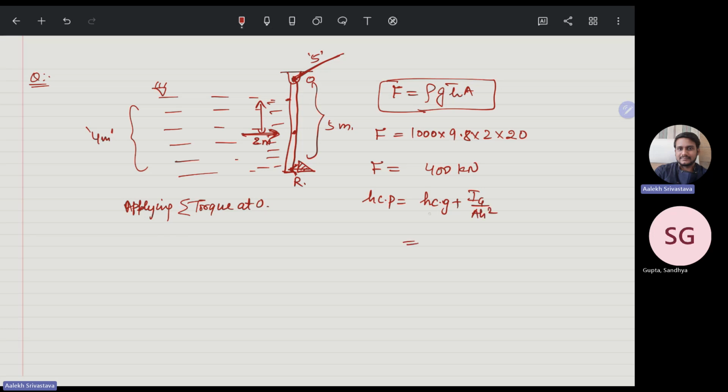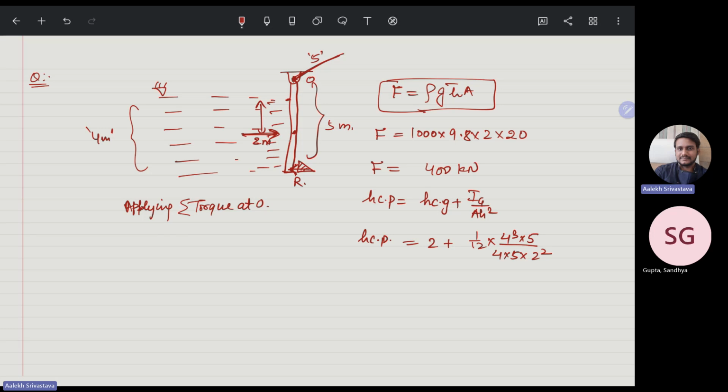So center of pressure is center of gravity 2 plus 1 by 12 into the vertical length 4, so 4 cube into 5, divided by the area 4 into 5 into h, which is 2 square. So this is the center of pressure.